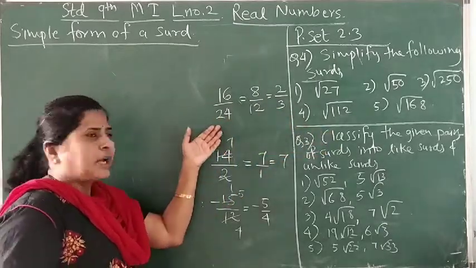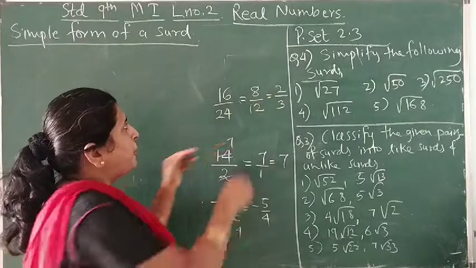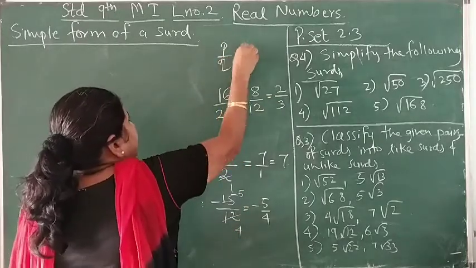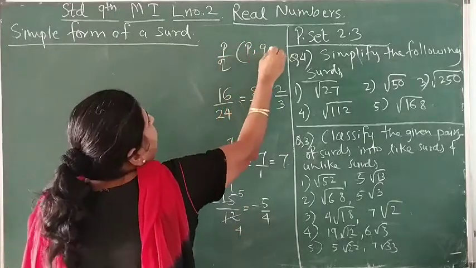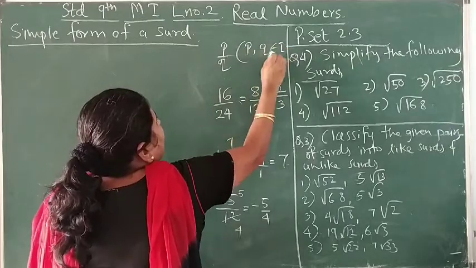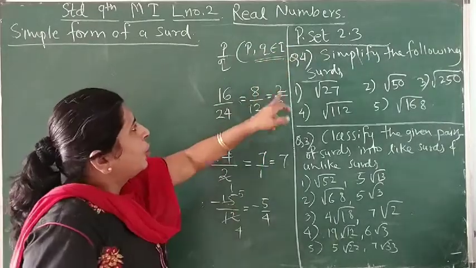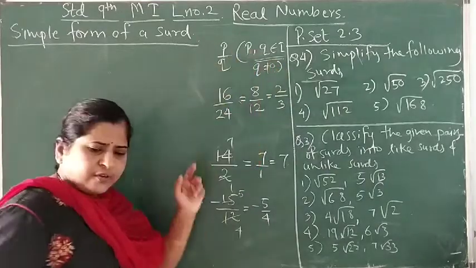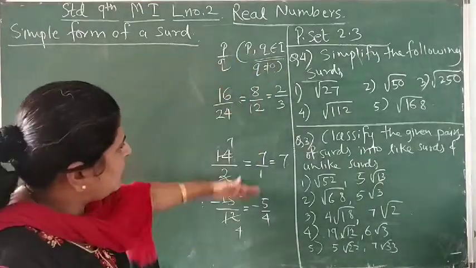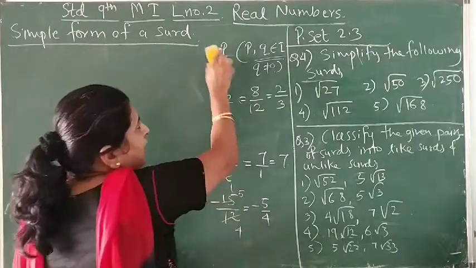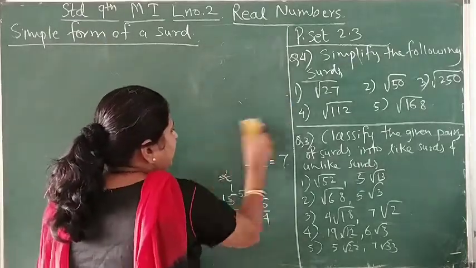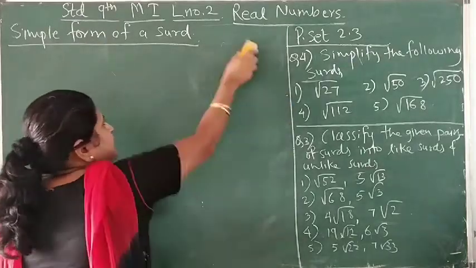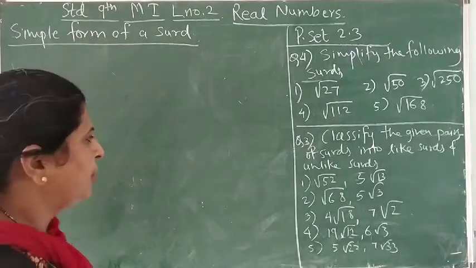So we write rational numbers in the p upon q form, where p and q are co-prime integers, and of course q is not equal to 0. These are called the simple form of the rational number. Like that we can write the surd also in simple form. How? That we are going to see.